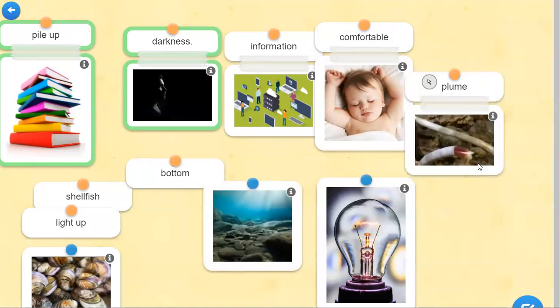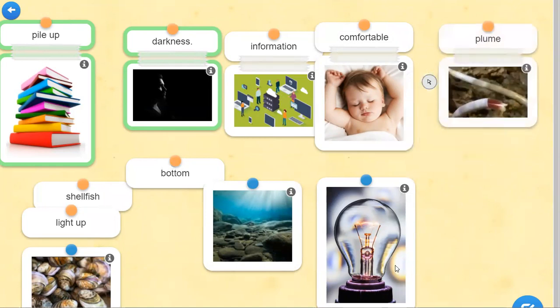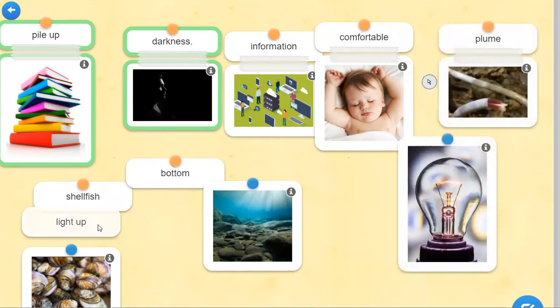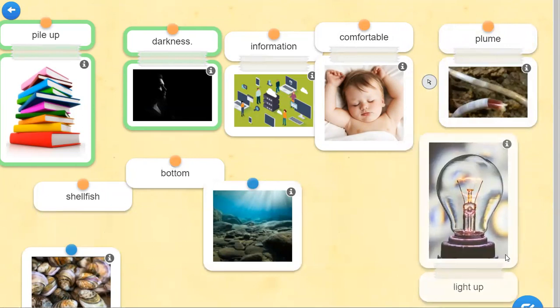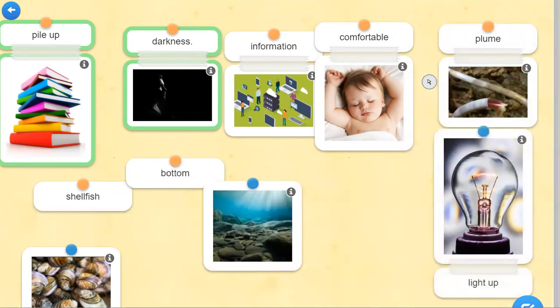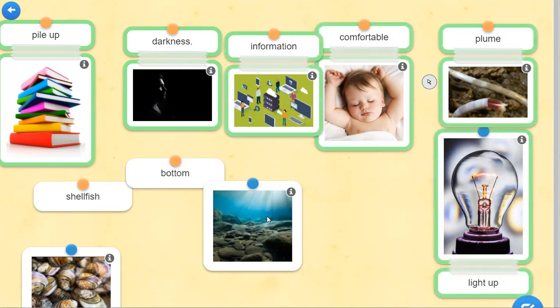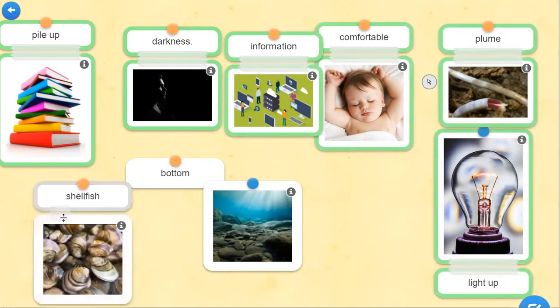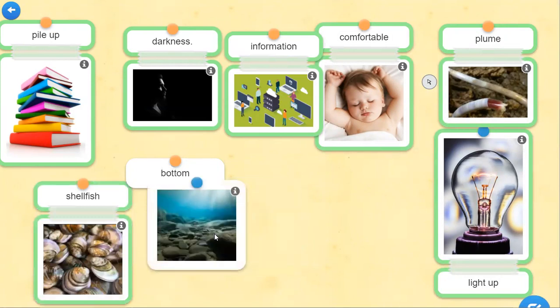This is the animal which I told you that it has no stomach and it goes down, but in a slow way. And here is light up, to give us light, like the submersible gives us light, like the lamp here gives light. Here is the shellfish, and here is, my friend, the bottom.